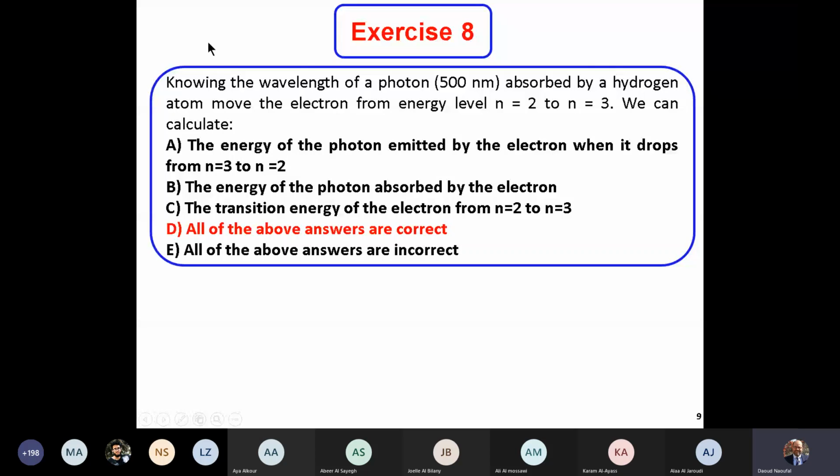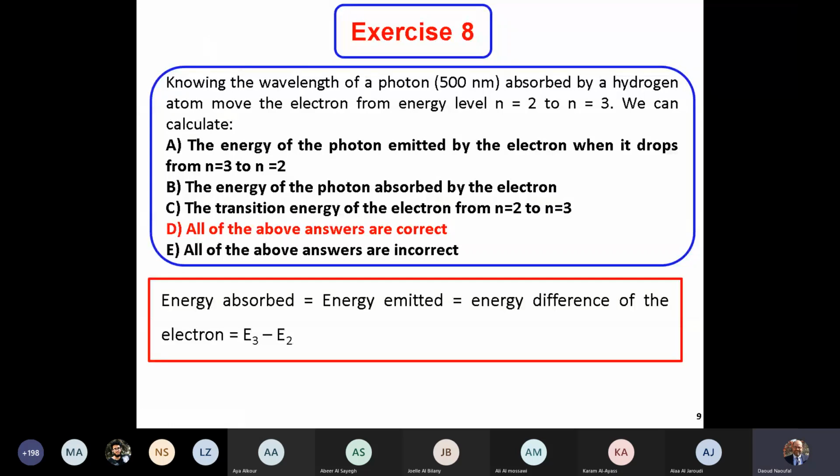The general concept: suppose you have an electron at lower n, the atom absorbs energy, exactly the difference of energy. The electron passes from n lower to n higher by absorbing energy equal to delta E, and delta E is also equal to E final minus E initial, and this delta E is directly proportional to the frequency of the light emitted.